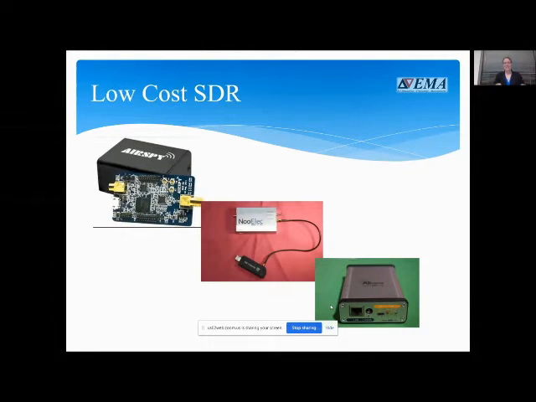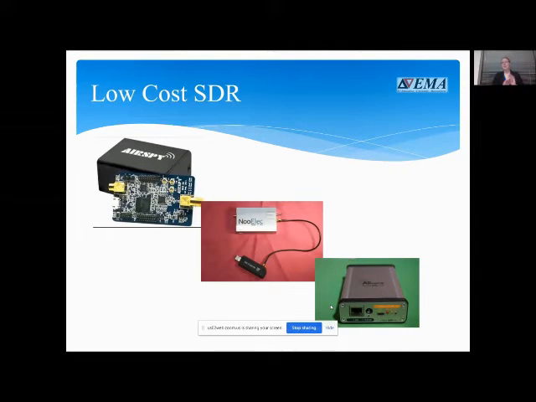Sometimes you just need something to tell you, in a very relative way, what's going on in the local RF environment. And if that's what you're after, then boxes like these, just little things. The one that I'm going to use for my demonstration tonight is a NESDR Smart that I got from Nooelec.